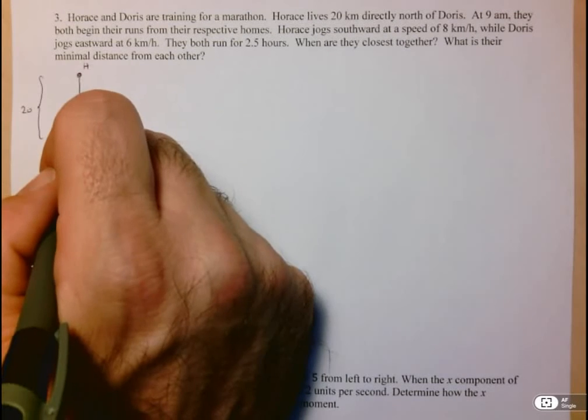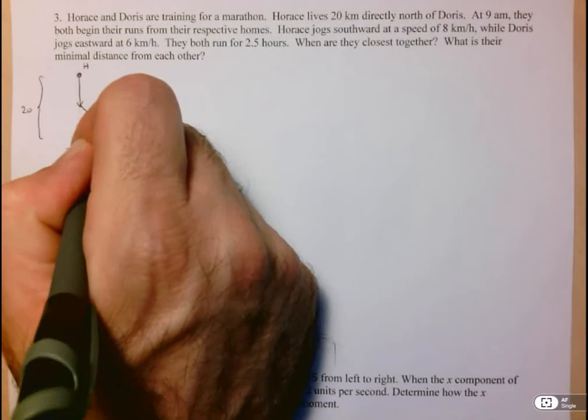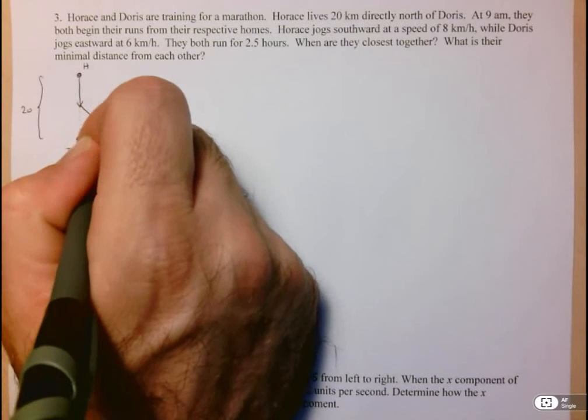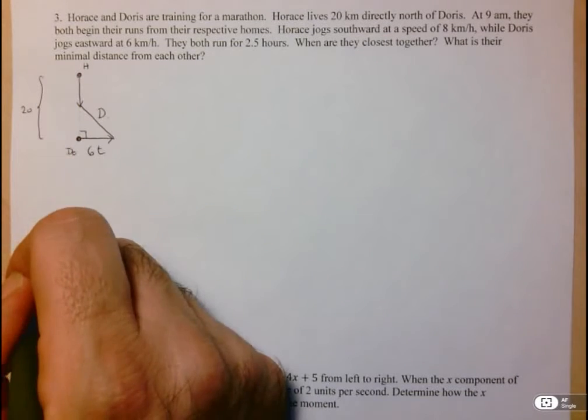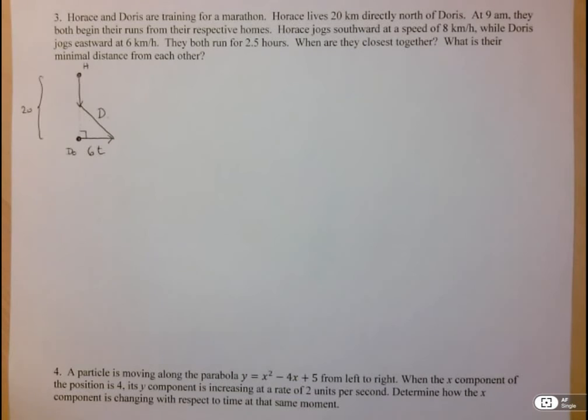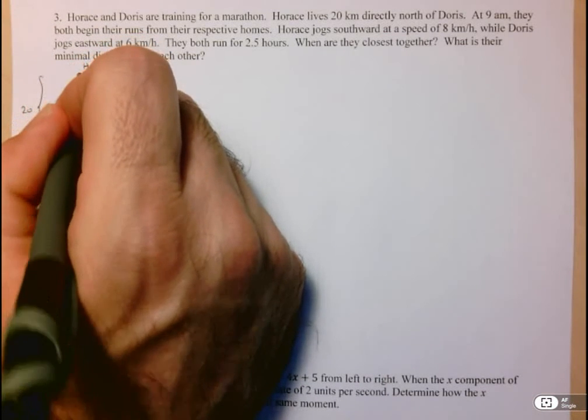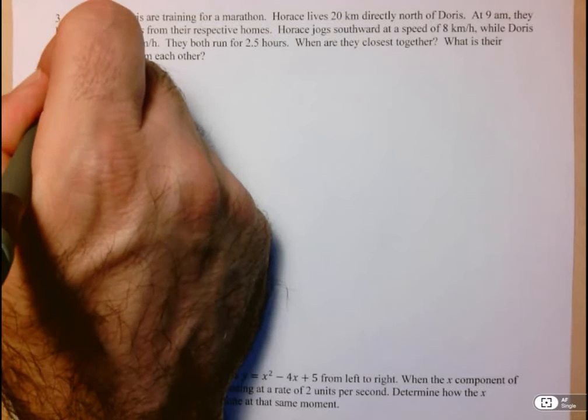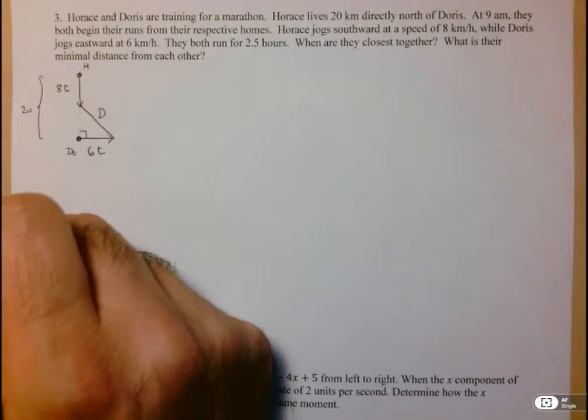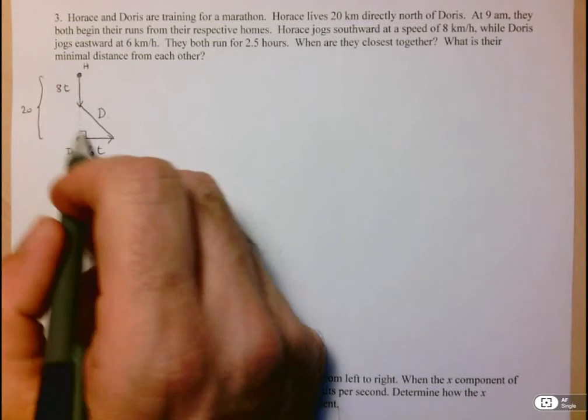So this would be she's running at 6 kilometers an hour times t, whatever time she's been running. Okay. Similarly, if I represent how far Horace has run, well, his would be 8 times t, 8 kilometers an hour times that same time unit.